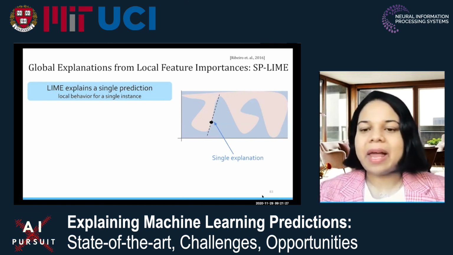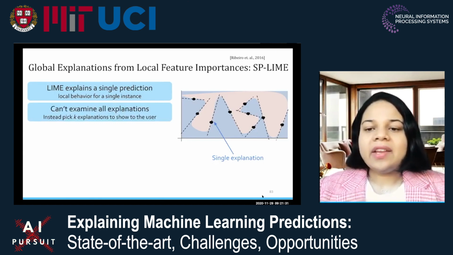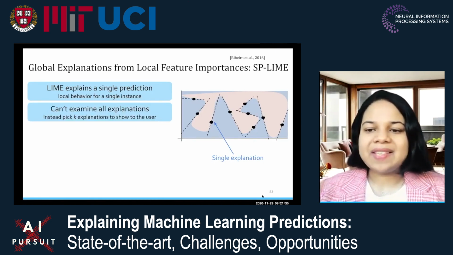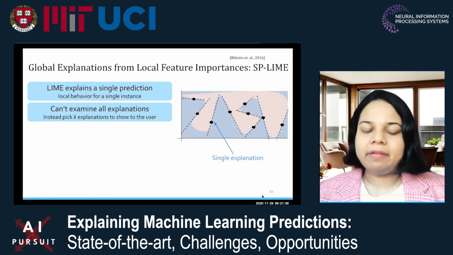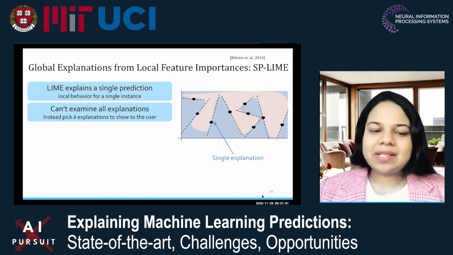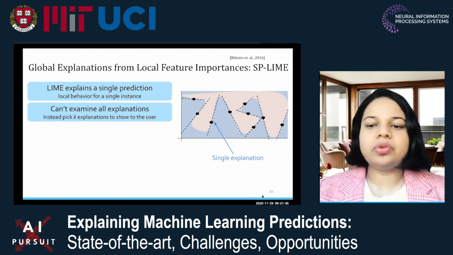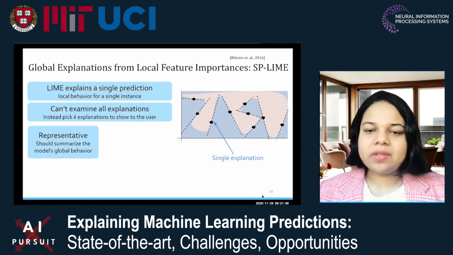So in this case, this black dot corresponds to a single explanation. And it is quite impossible and extremely hard to examine all possible explanations to understand the global behavior of the model. So instead, SP-LIME advocates to pick k explanations to show to the user. And how can we pick these k explanations?